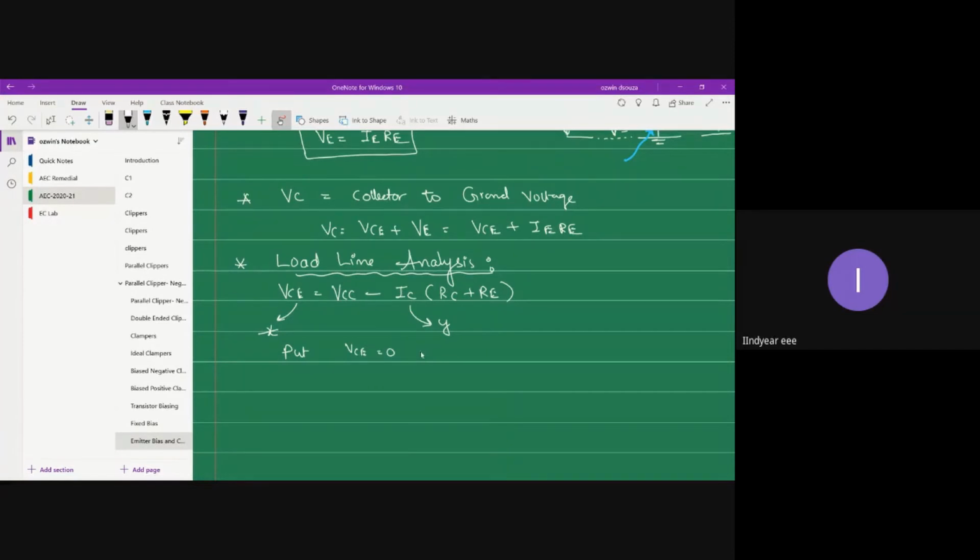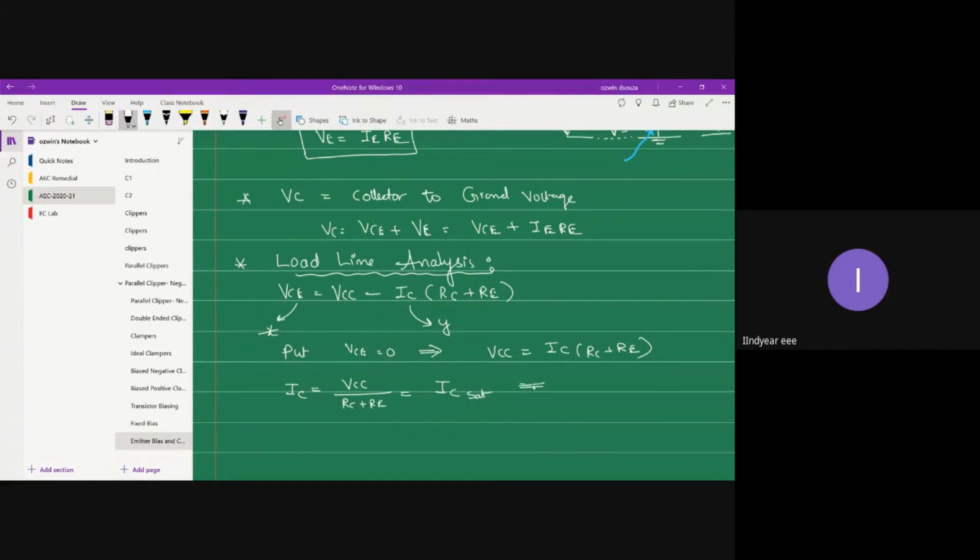When we put VCE equal to 0, we get VCC is equal to IC into RC plus RE, or IC is equal to VCC divided by RC plus RE, which is the maximum value of collector current. Hence, we can rename it as IC saturation.